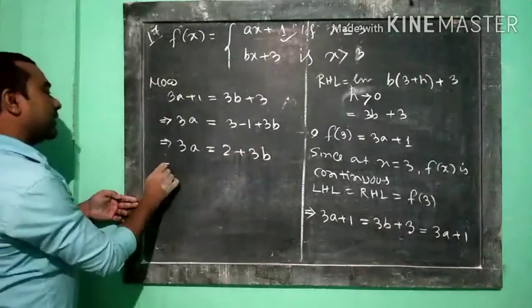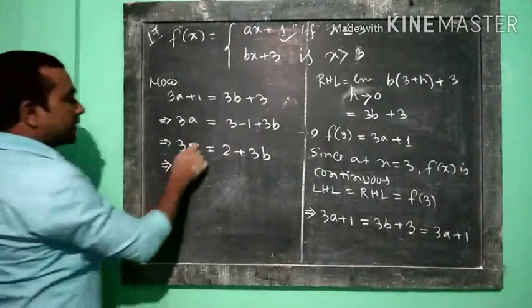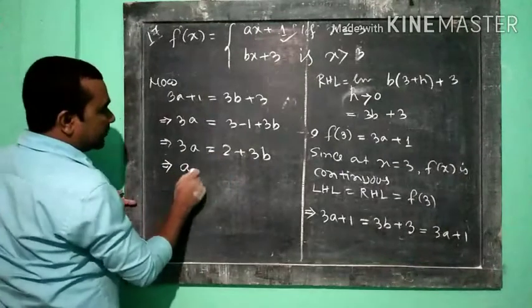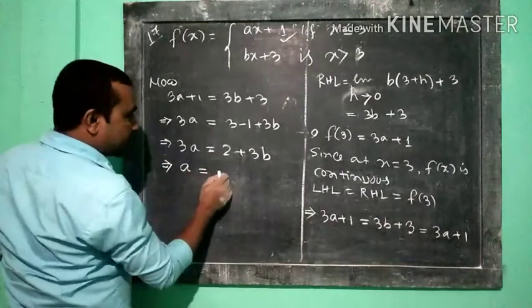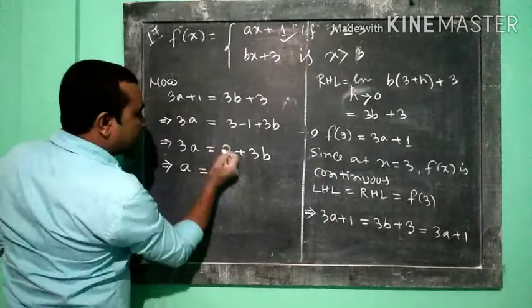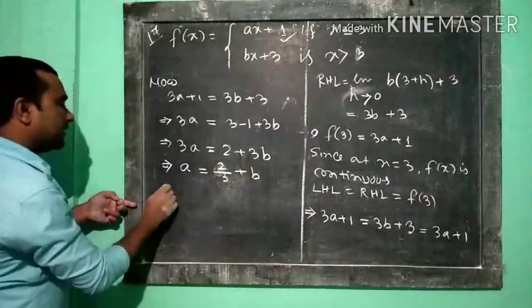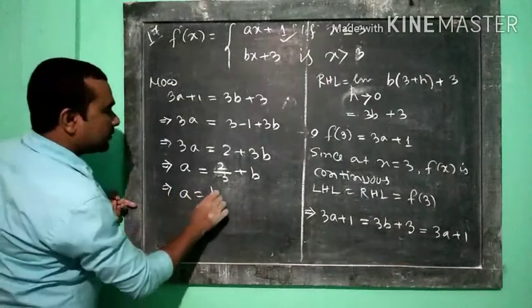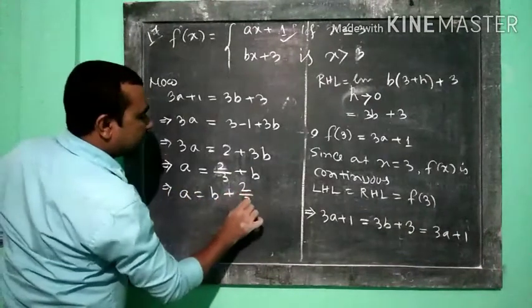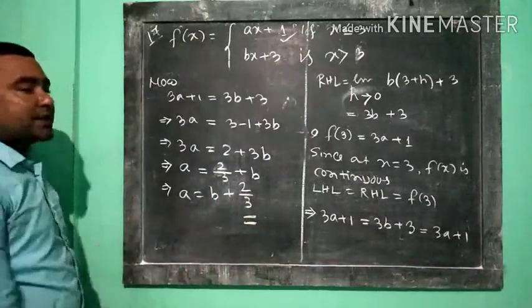Dividing both sides by 3, a equals 2 by 3 plus b. So a equals b plus 2 by 3. This is the relation.